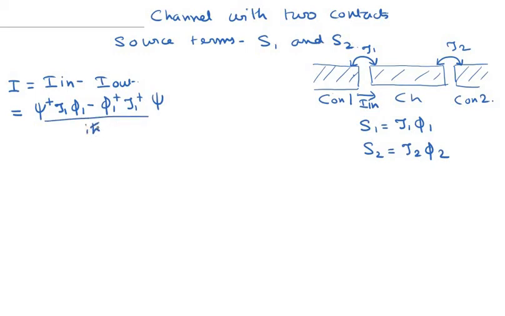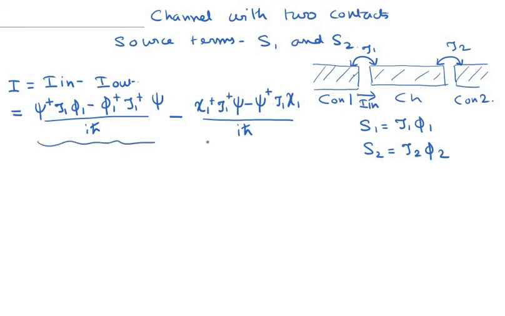So this is basically I in, which is also the inflow, and minus chi 1 dagger tau 1 dagger psi minus psi dagger tau 1 chi 1 divided by i h bar, which is basically the outflow. So this part is I in, and this part is I out.